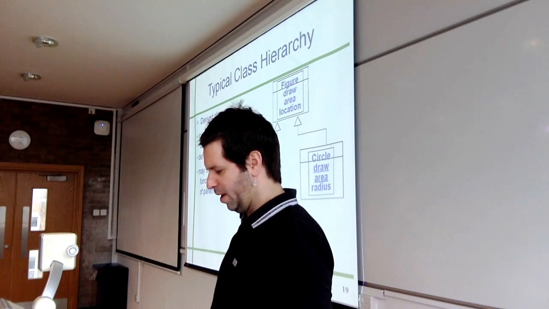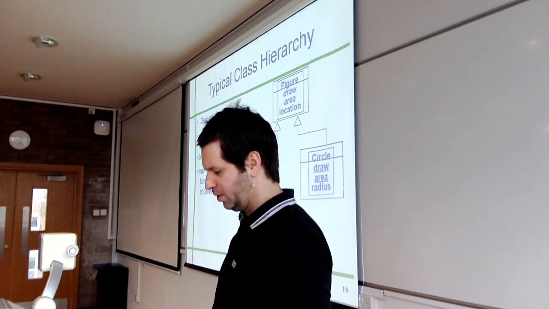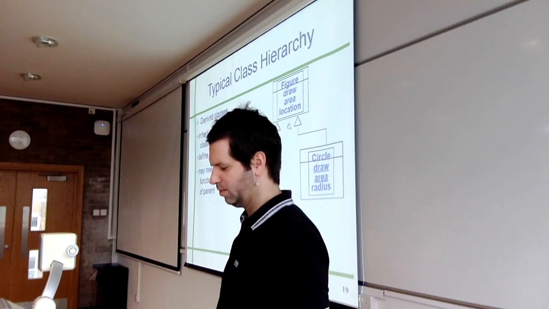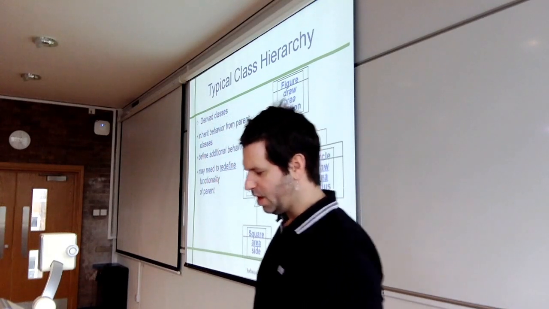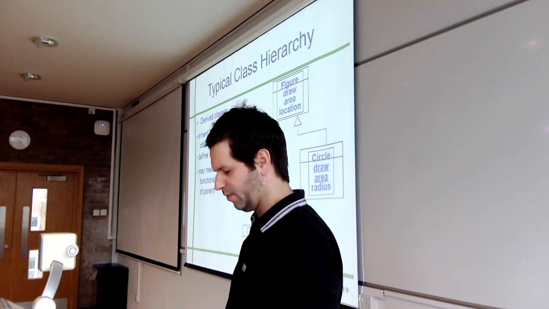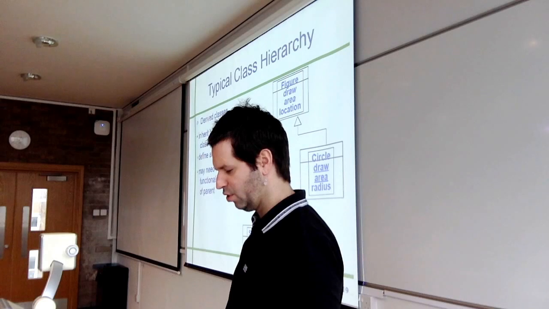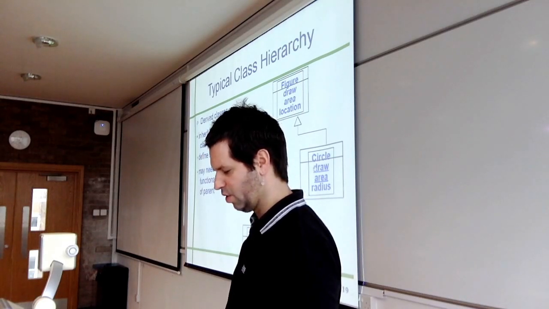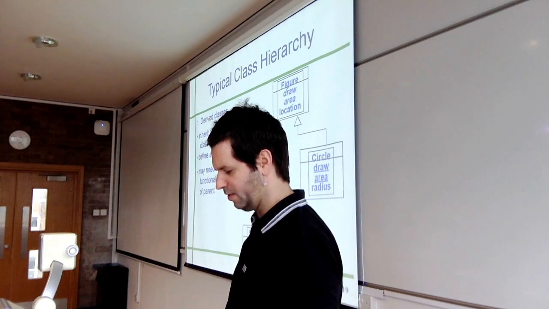So we have an object called figure, and it has three methods: draw, area, and location. And from that object, we have two derived classes or child classes. One's called polygon, and one's called circle. And they also have draw and area defined. But they have something else too. They have additional information.